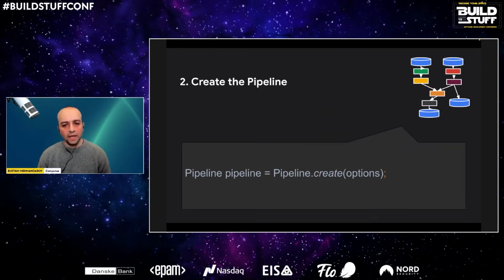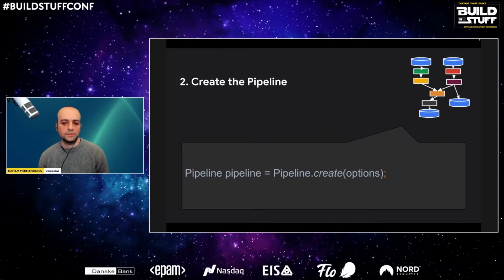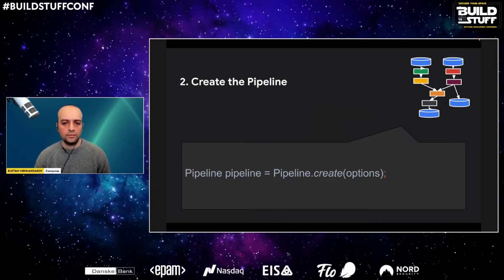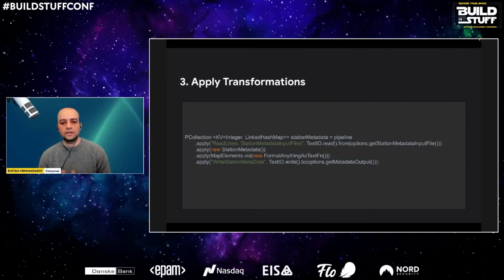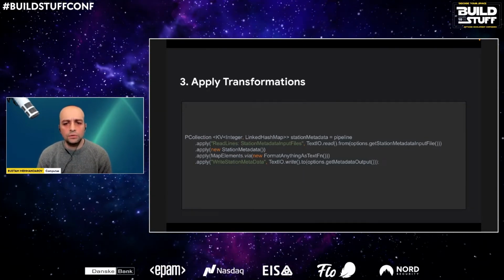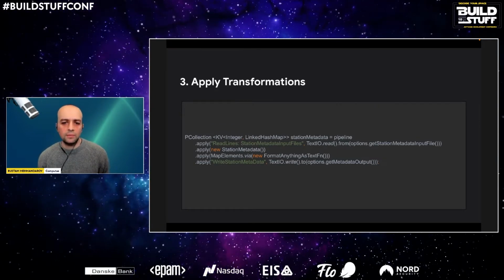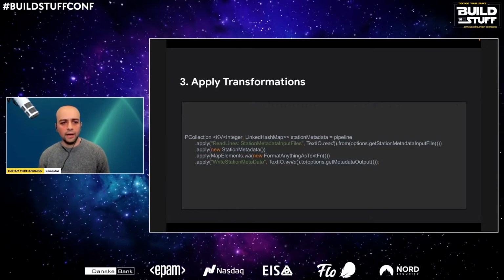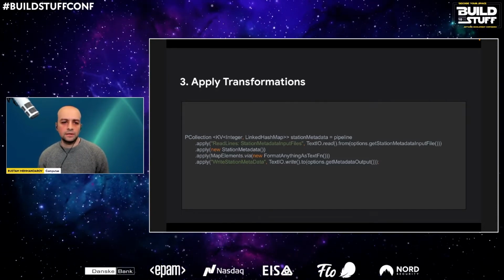Then you actually create the pipeline, which is a one-liner. You push the options object into it and just do create. That's all. And then the third part, which is the most important one, where the magic happens, is to apply all those transformations. The way you do that is you say pipeline dot apply, you do something, you do dot apply again, do something else, dot apply and do something else, and so on.